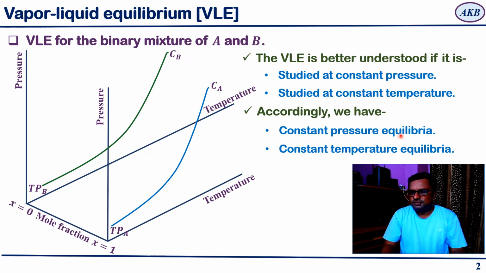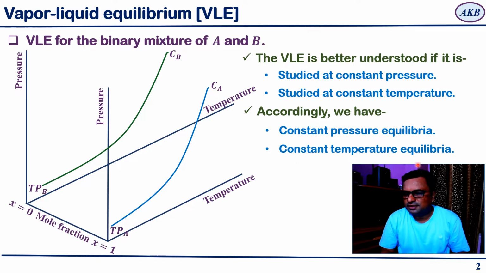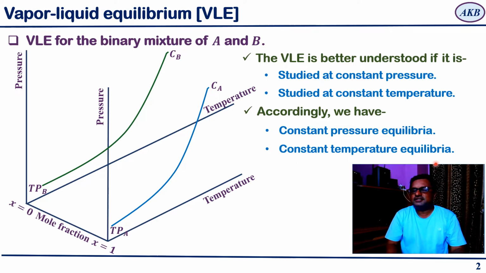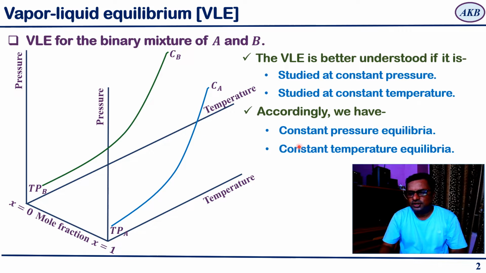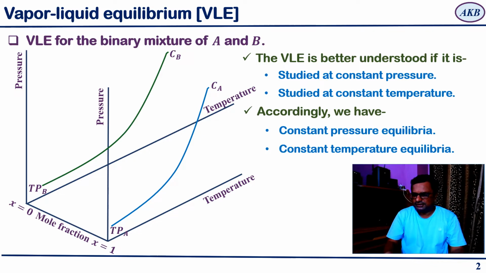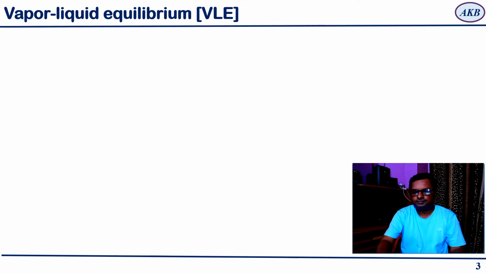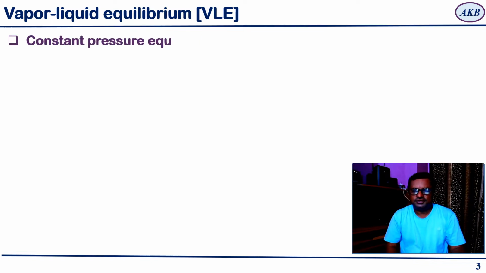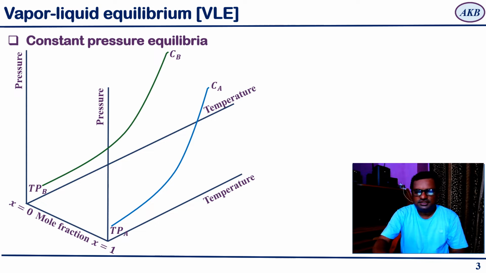In this lecture we are going to understand constant pressure equilibrium. Again we will start with the same three-dimensional plot, and let us see how it gets simplified if you are studying VLE at constant pressure.